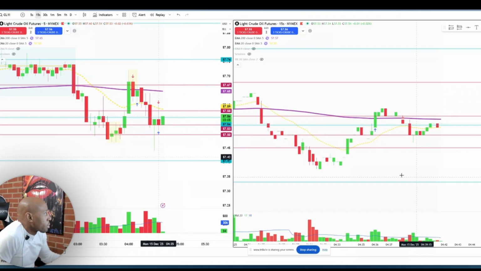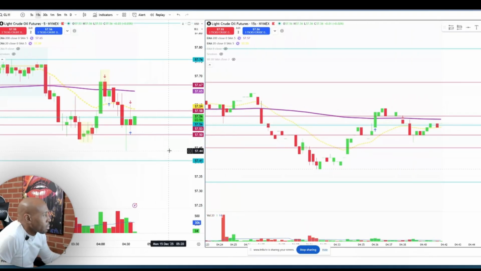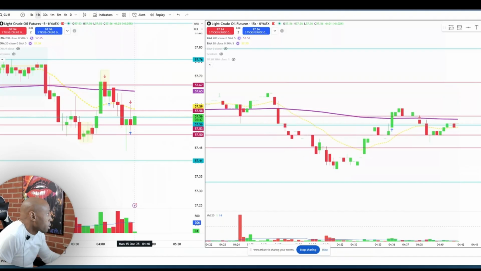Waiting to see if price shows me a rejection from this level. If it then breaks above the purple 200 EMA on my 15 second, and also on higher volume too, then that might be a good chance to get back in.